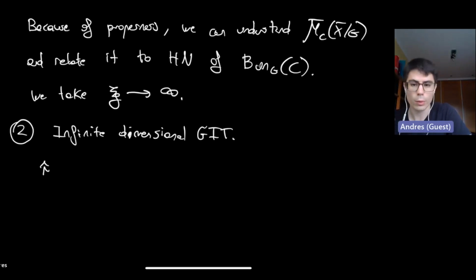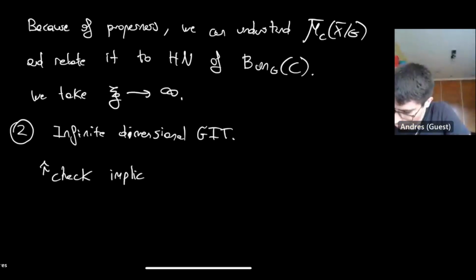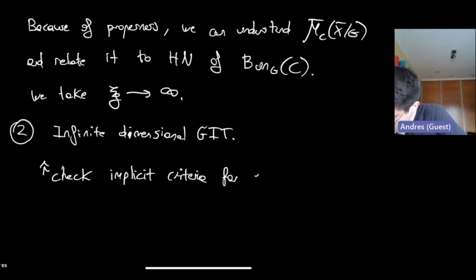There we did it for torsion-free sheaves in higher dimensions, and then for G-bundles in higher dimensions with Gomez and Zamora. The main idea here is roughly to check implicit criteria for existence of moduli spaces.